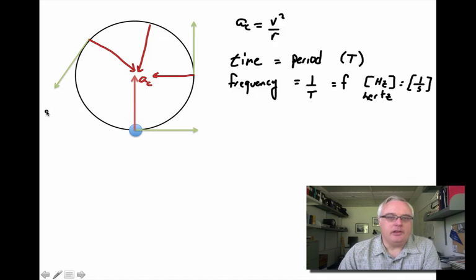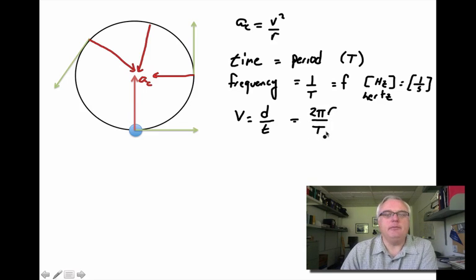The other thing that's unique about circular motion is that we know speed equals distance over time, and we now know that the time is the period. The distance that this object travels is just the circumference of the circle, so 2 pi r divided by the period. That's the speed. Now that we know how to define the speed of this object, we can plug that back into our equation for the centripetal acceleration, v squared over r.